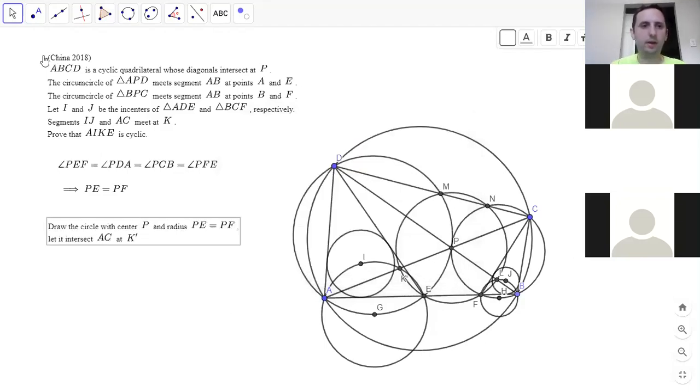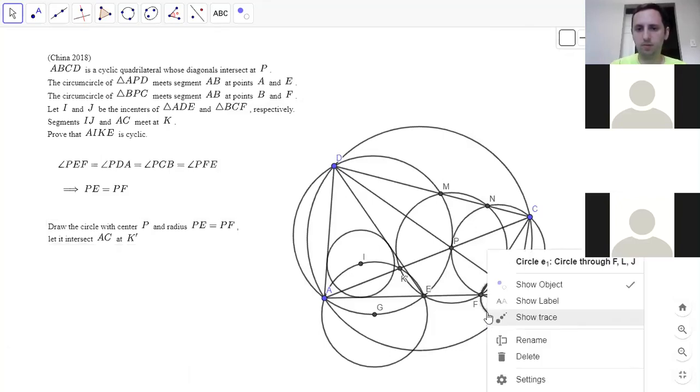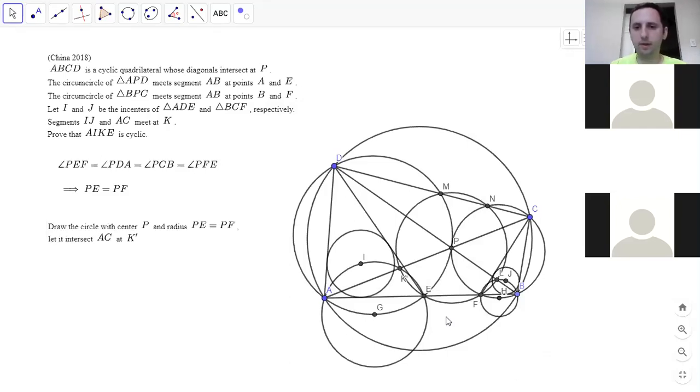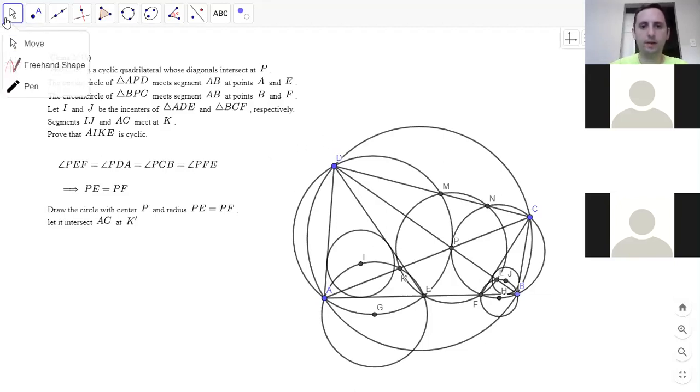And I don't even think we need L here. Let me delete this circle. Wait, wait, I wanted to show that I, K, and L were collinear. Okay, so first, yeah, I don't think we need M and N actually.